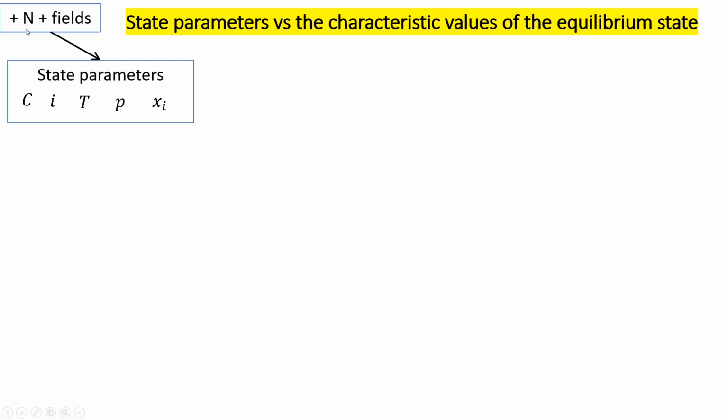So first of all, a possible state parameter is N, which is the total number of atoms in the system, at least in the condensed phases. But I already mentioned to you before that if N is large, so large that all the dimensions of all the phases in the system will be larger than 100 nanometers, then this N is not having any significant influence on the final equilibrium of materials.